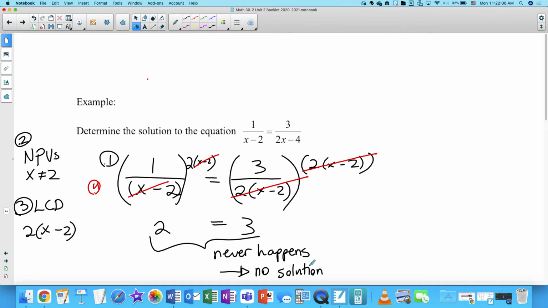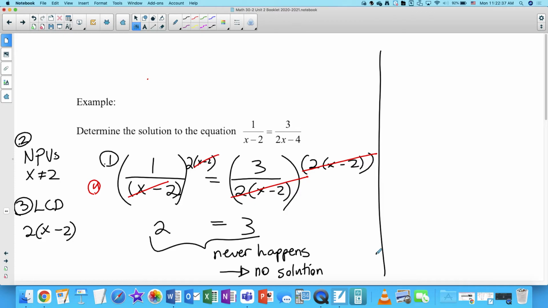So you can see another reason why there might not be a solution. Cross multiplication is not just making that go up there and that going up there. It's actually multiplying the entire equation by both denominators, and then things cancel. So I'm going to make you go through that, not take the shortcut. If we multiply by both denominators, you are multiplying by a common denominator, but not the least common denominator.